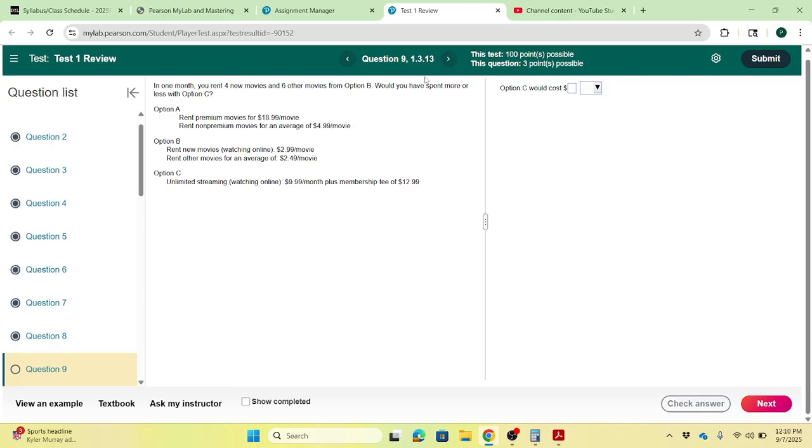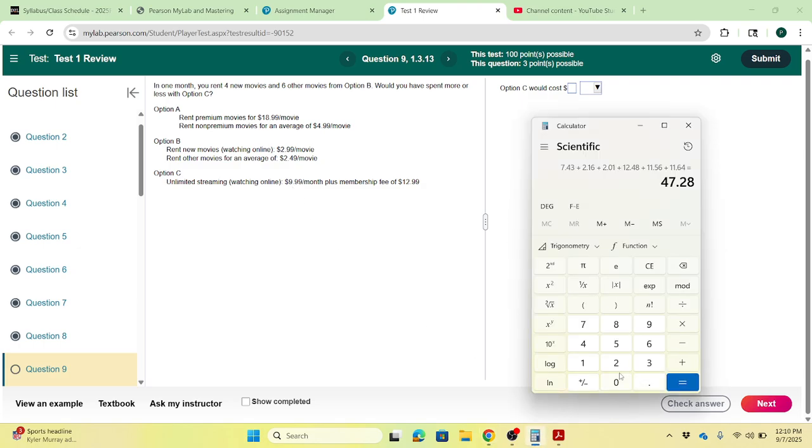So would you have spent more or less with option C? Let's look at option C, unlimited streaming watching online $9.99 plus membership fee $12.99. So option C costs $12.99 plus $9.99.